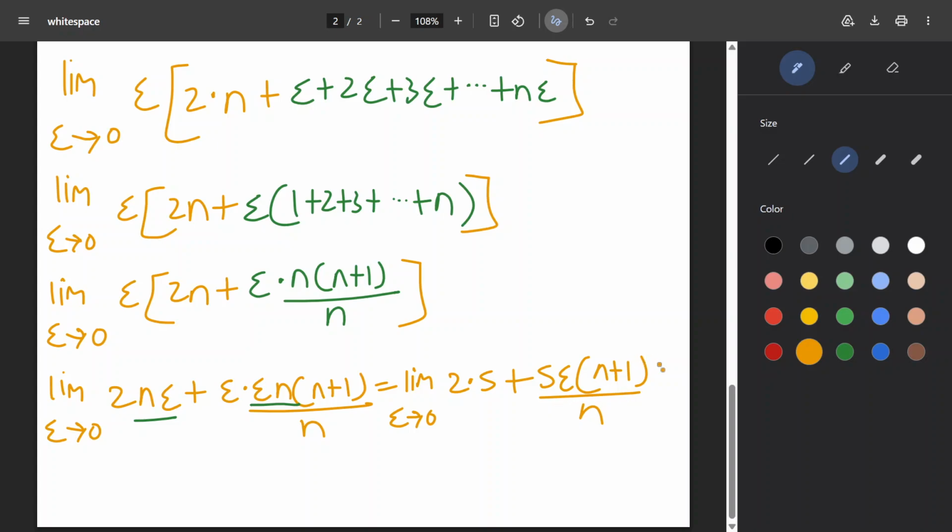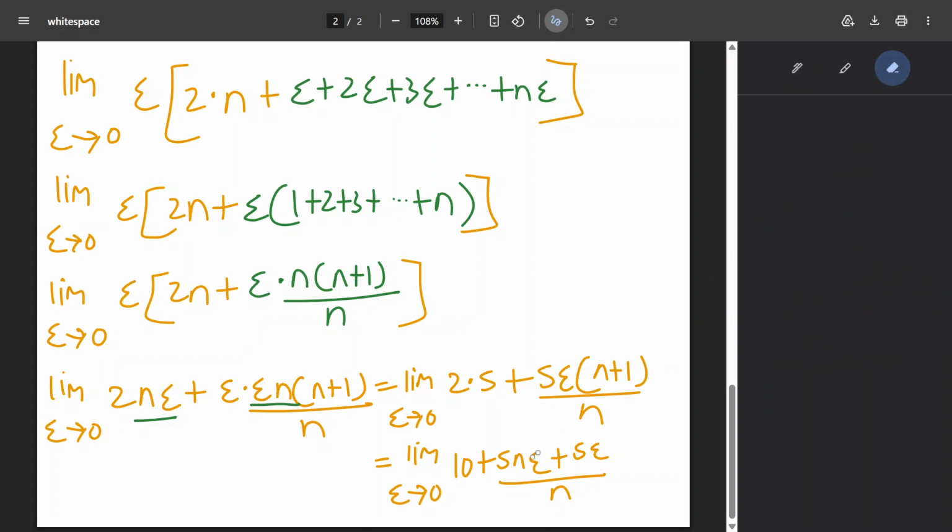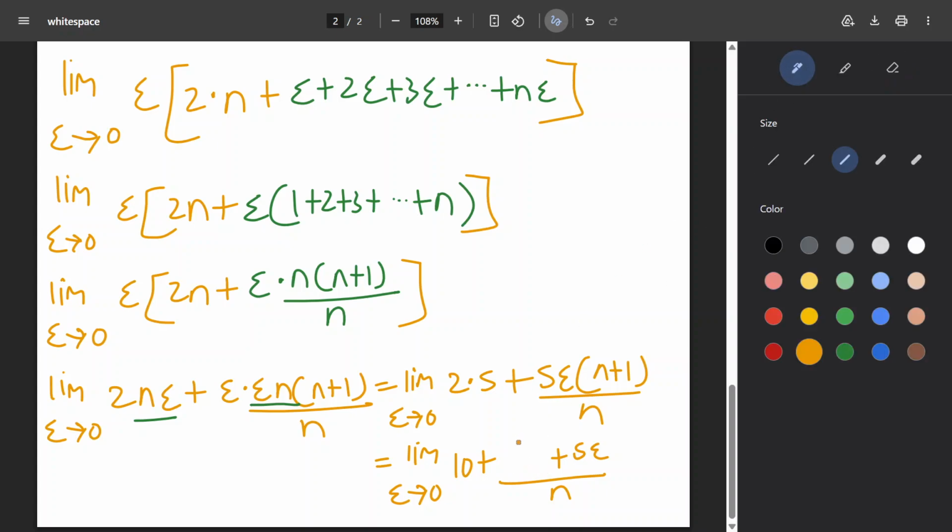If I distribute this 5, we're going to have limit as epsilon approaches 0 of 10 plus 5 n epsilon plus 5 epsilon over n. So look, I have another n epsilon. So this actually becomes 25, because n epsilon is 5, and 5 times 5 is 25.